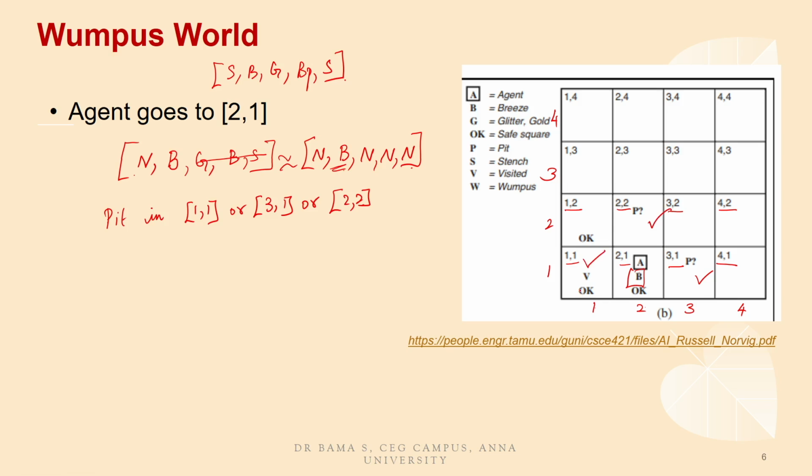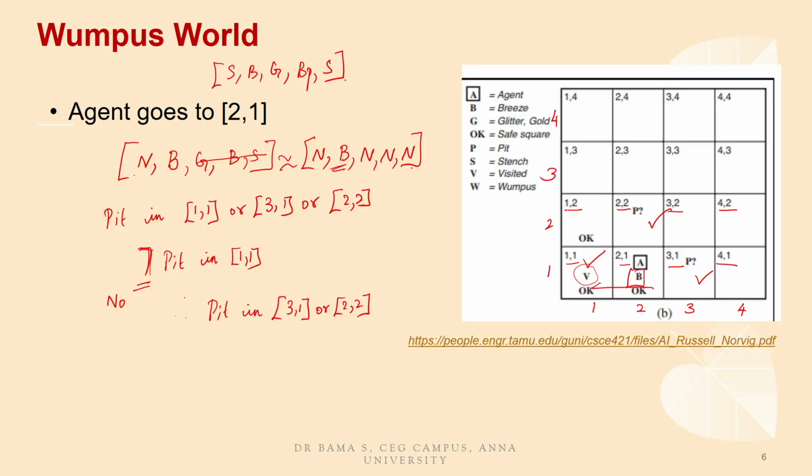But in the earlier case, he already was in 1 1 and there was no pit in 1 1. I am mentioning this with the symbol, the negation, which indicates no pit in 1 1. Therefore, the pit should be either in 3 1 or 2 2.